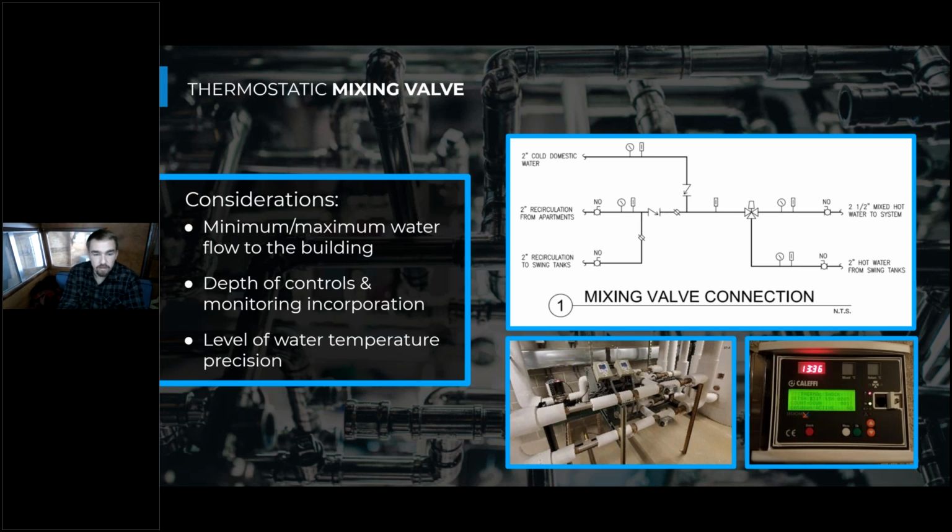And the level of precision in the water you're supplying is another good consideration, because in certain applications you want a really tight tolerance on the water temperature you're using. That might be better applied to an electronic mixing valve that can hold those tighter tolerances.